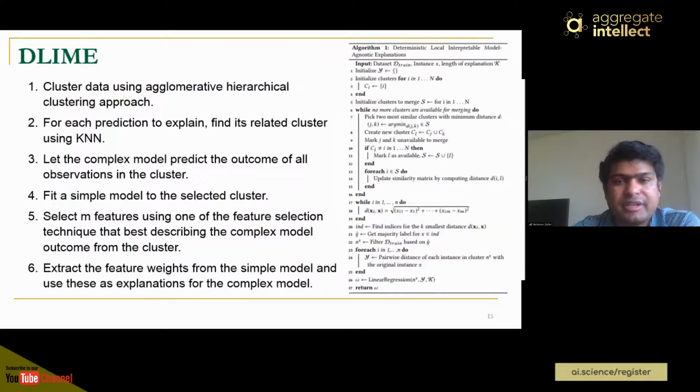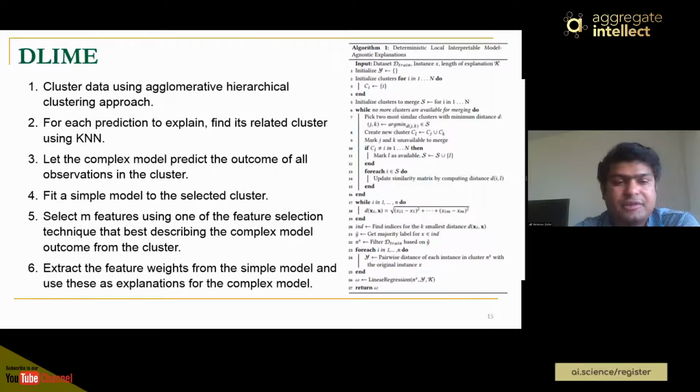So here is the algorithm of DLIME. These are the simple steps. It clusters the original data using hierarchical clustering. Then we use KNN to find the subspace relevant to that test point. Then we use the complex model to predict the outcome of the cluster.